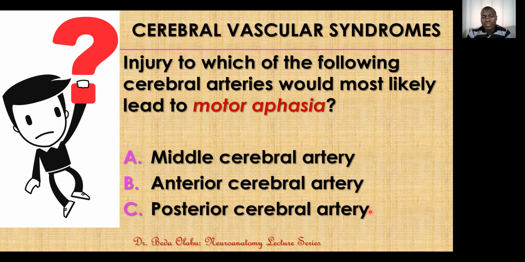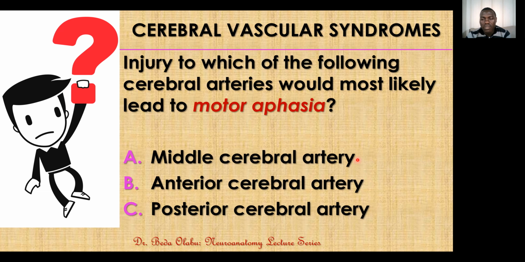Okay, you're lost. I told you that posterior cerebral artery supplies the inferior surface of the temporal lobe, as well as medial surface of the occipital lobe. Anterior cerebral artery supplies the medial surface of the cerebral hemispheres, predominantly involving frontal and parietal cortices.